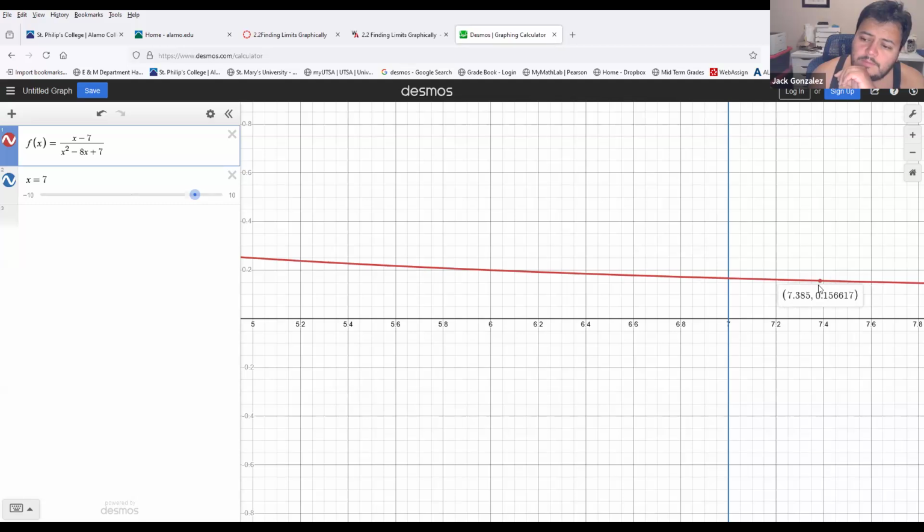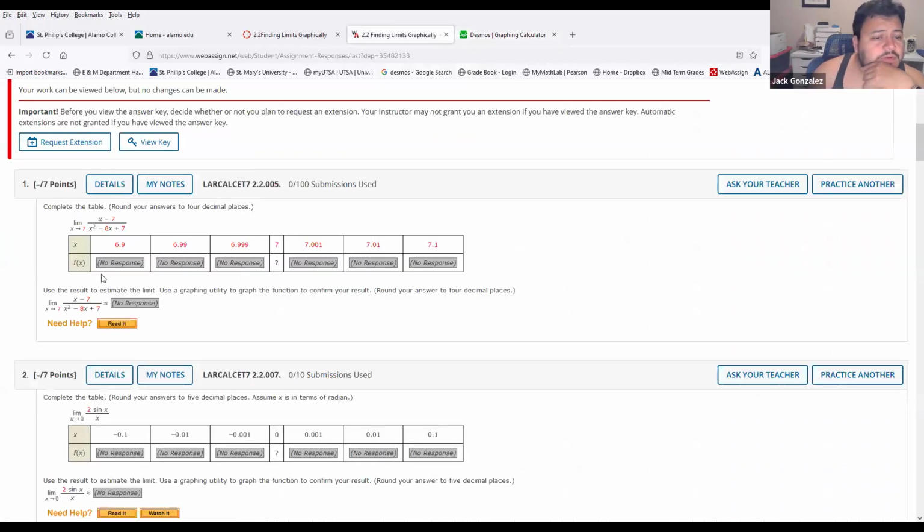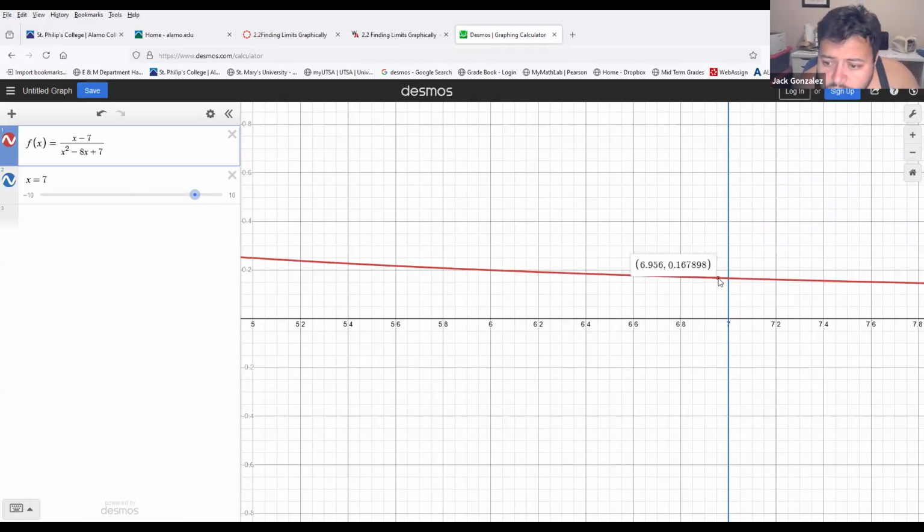From the right, same deal, right? Same thing. So basically what they want you to do is plug in numbers on the left side, 6.9, 6.99, 6.999. I'm getting closer and closer to 7 on the left side. So basically they're doing this by plugging in numbers.